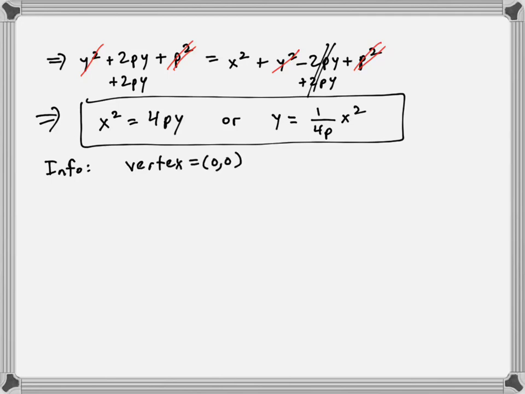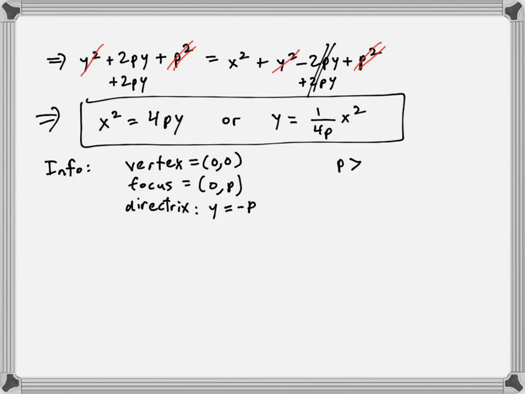Remember that. The focus was (0, p). And the directrix is the line y equals negative p.